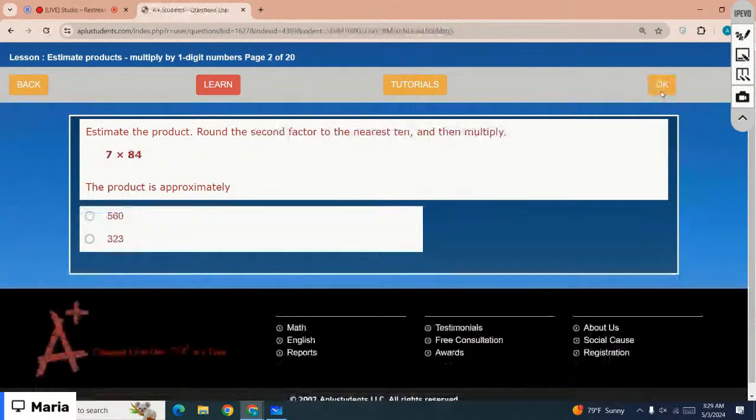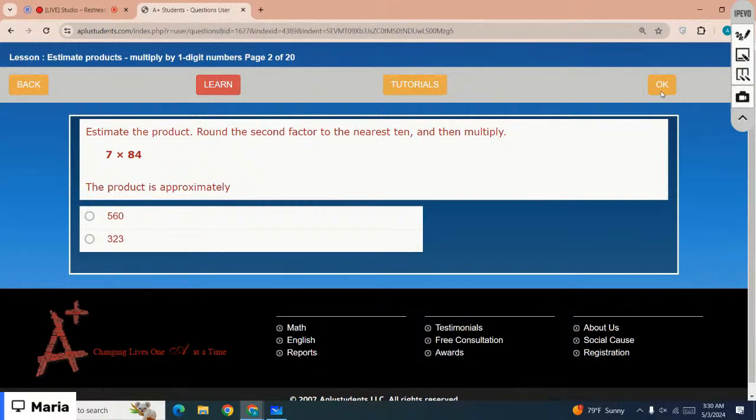Okay, estimate the product, round the second factor to the nearest 10 and then multiply. So which is the correct option? 84 is rounded off to 80, right?